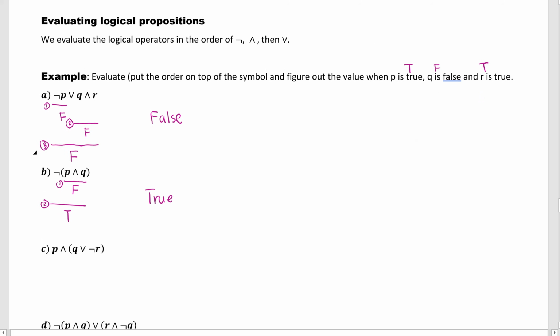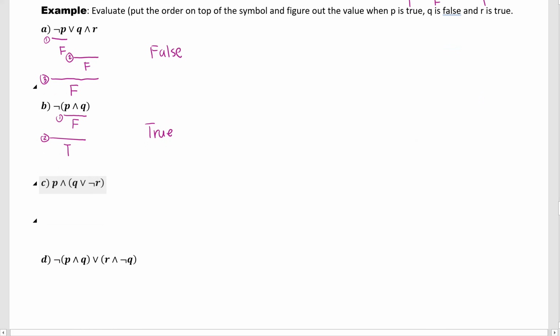Let's continue. Part C. Here we should look inside the parentheses, right? And we have a not there, so the first step, we should look at not R. R is true, so not R is false.